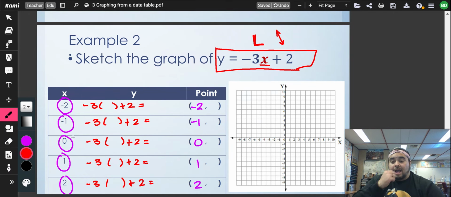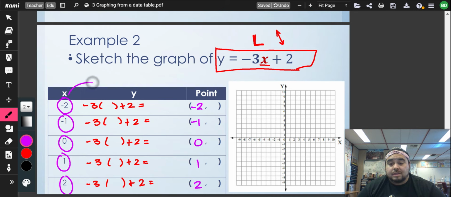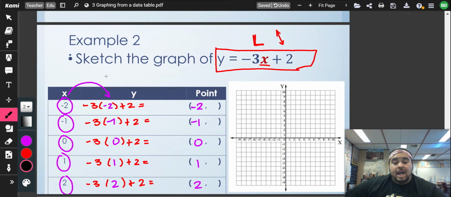Okay, and now we're going to take our x values, and instead of x, we're going to plug in those numbers. So instead of x for the first one, I'm plugging in -2, then -1, then 0, then 1, and then 2. And now I'm going to work out the math in my head or using a calculator, following my order of operations.